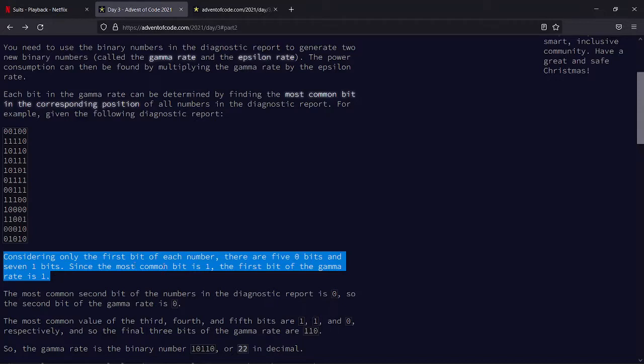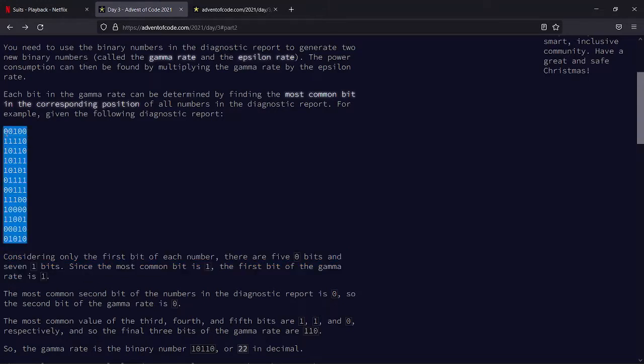Since the most common bit is 1, the first bit of the gamma rate is 1. So basically, for each position, if we consider this number, this is 0 0 1 0 0, and this is 0 1 2 3 4.